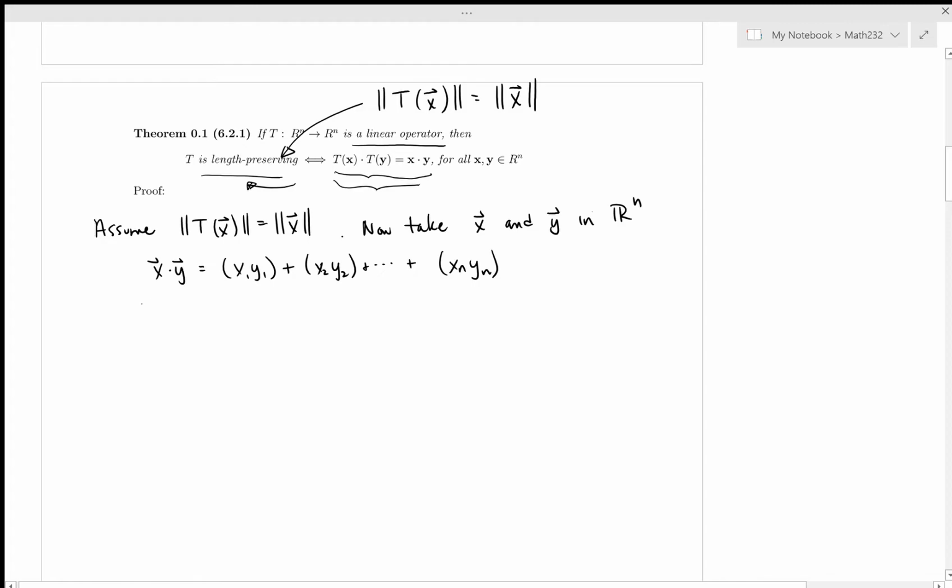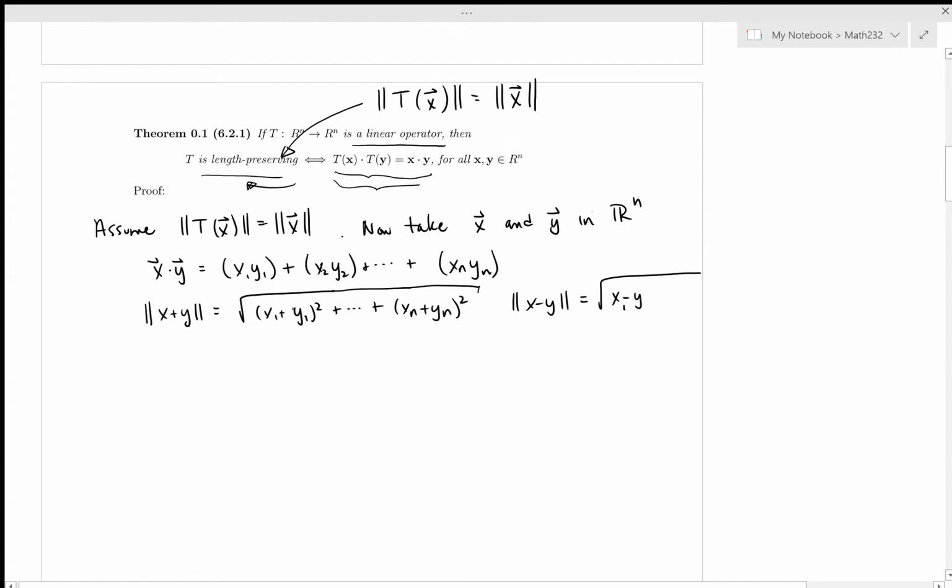Okay, let's take a look at what the norm of x plus y looks like. The norm of x plus y is the square root of (x1 plus y1) squared plus dot dot dot plus (xn plus yn) squared. And the norm of x minus y is similarly the square root of (x1 minus y1) squared plus dot dot dot plus (xn minus yn) squared.